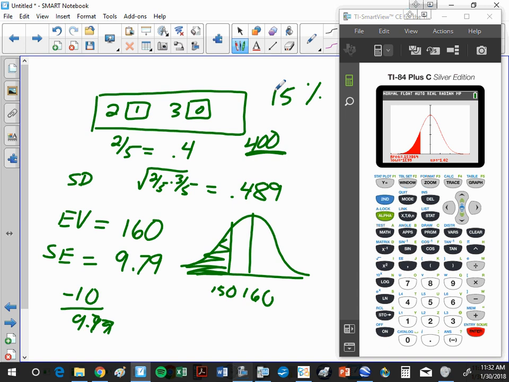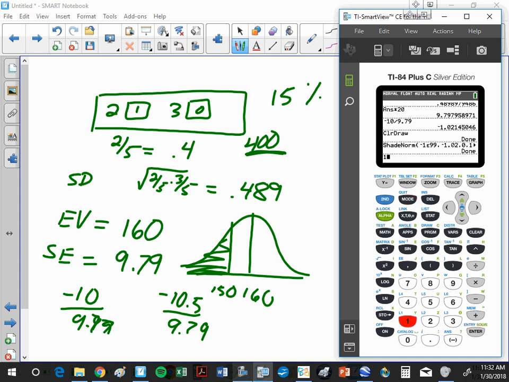So that would be 10.5 divided by 9.79, and we get 1.07. So I'm going to shade norm with negative.